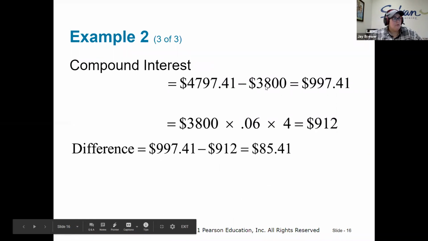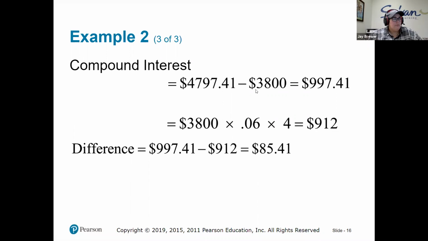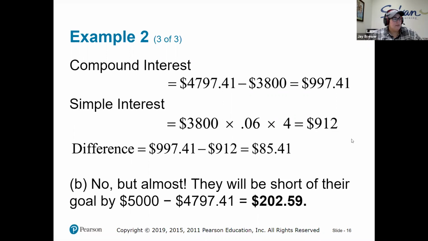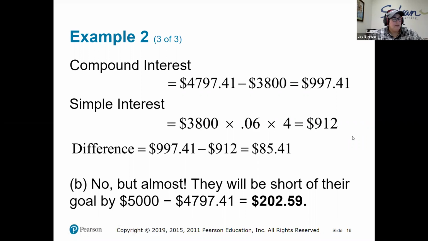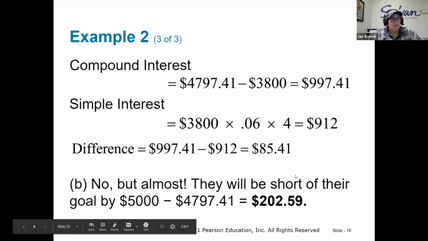So then they're going to figure out their simple interest and find the difference. Okay. They will be short of their goal by $202.59. So probably if they saved for another month, they would have had it. I'm sure they will still continue to save until they get their 5,000.